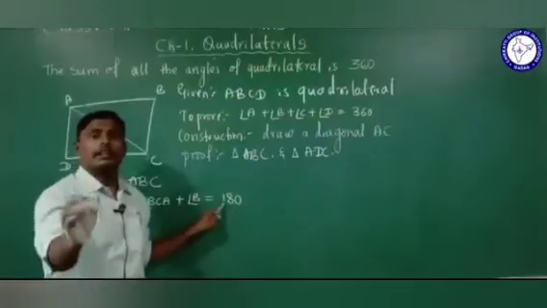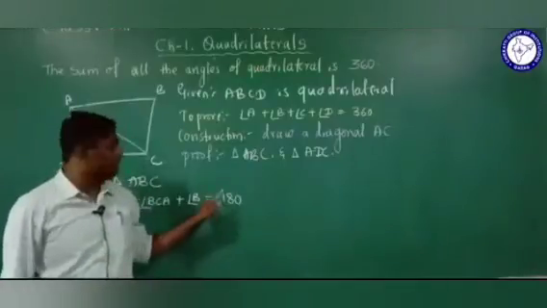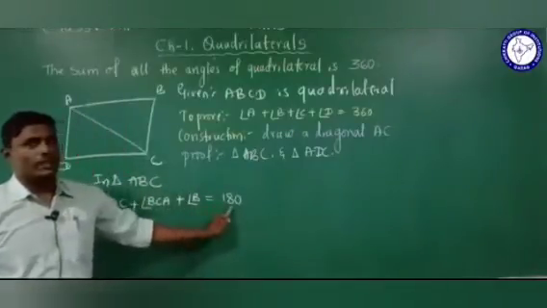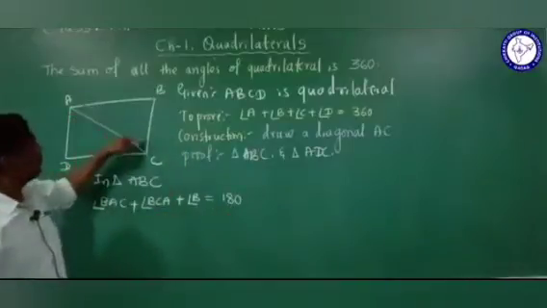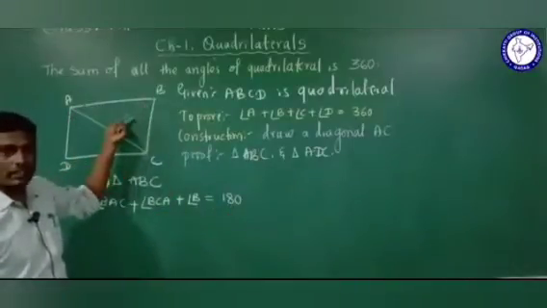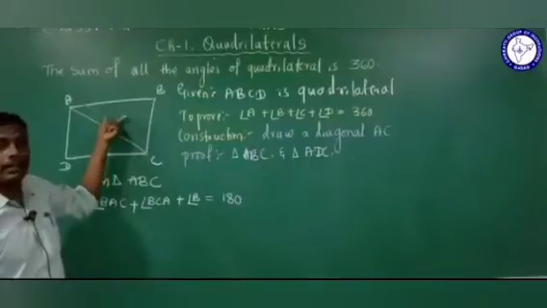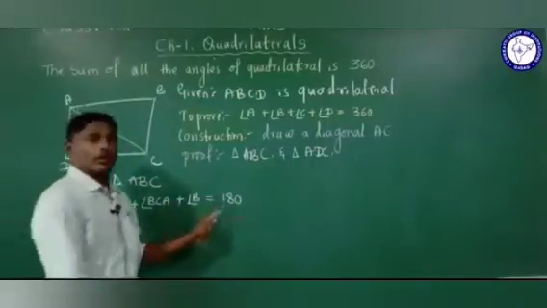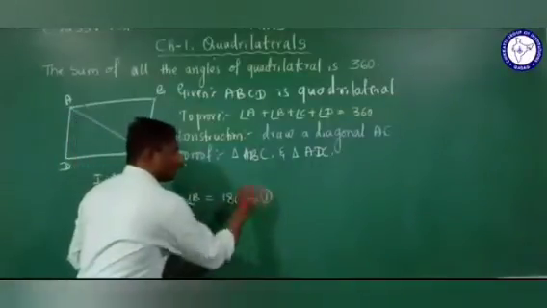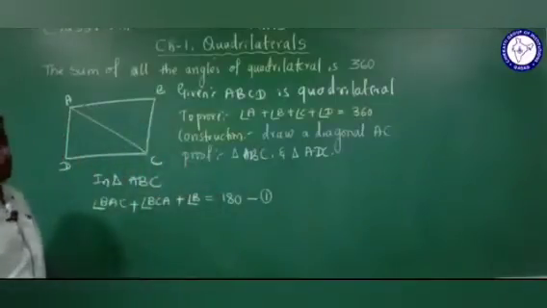Because the interior angle sum of any triangle is always equal to 180 degrees. These are all the three angles of the given triangle. Consider this as equation 1.